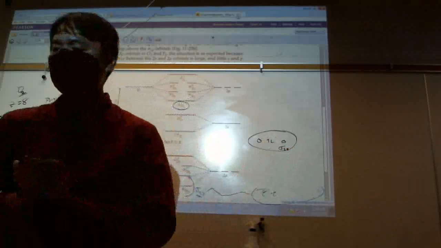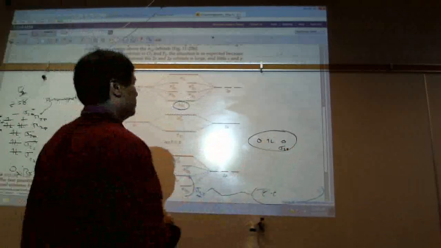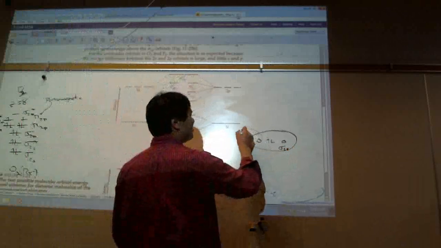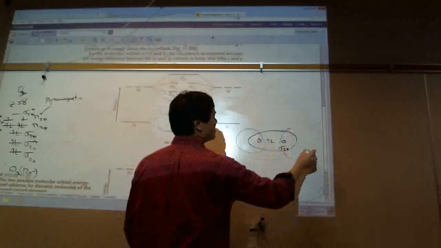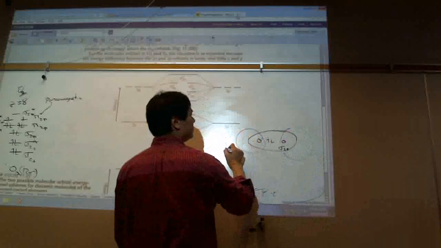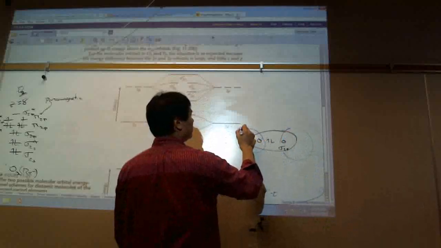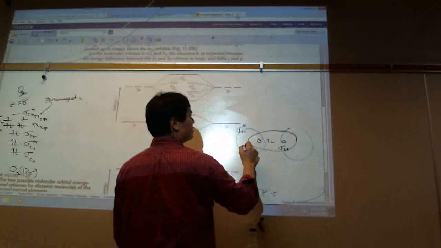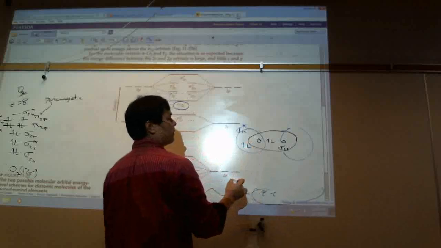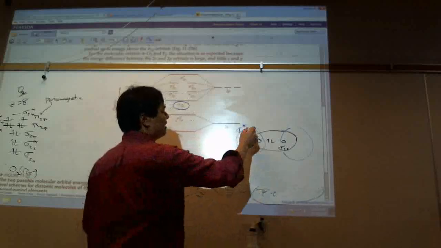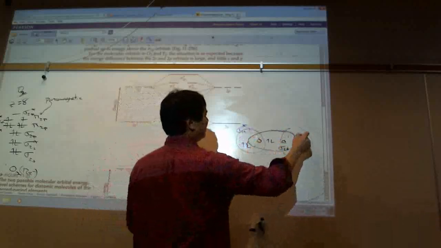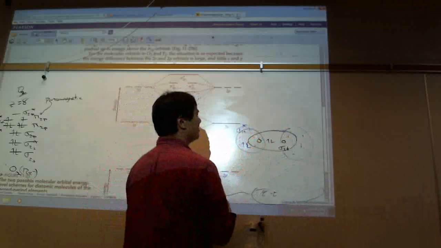Okay, what's the next orbital? Sigma star 2s. Sigma star 2s has 2 electrons. We got electron density here. Okay, what's the next orbital?